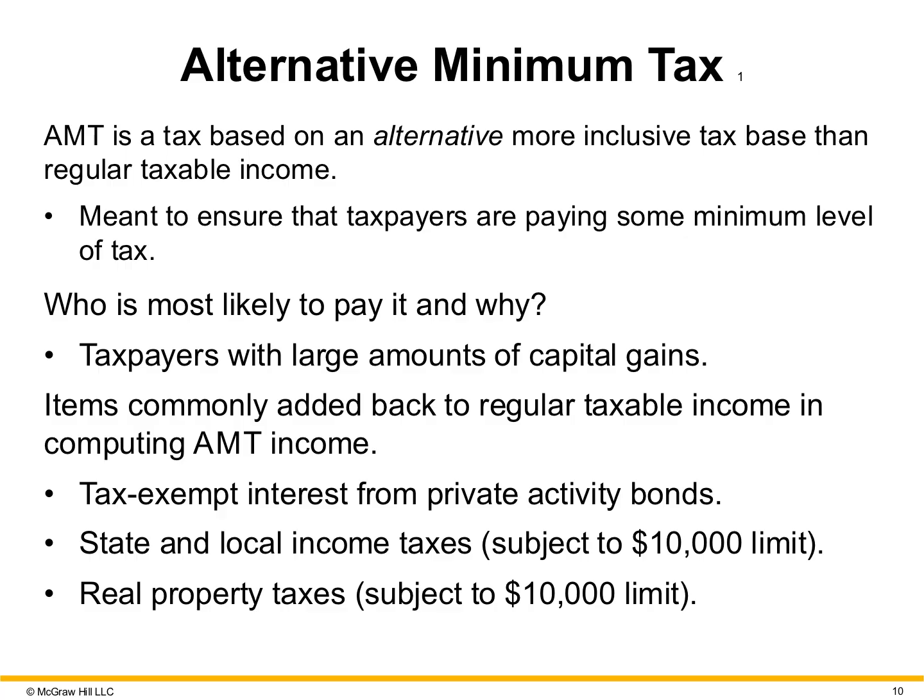And so the alternative minimum tax is more targeted for higher income taxpayers, such as taxpayers with larger amounts of capital gains.